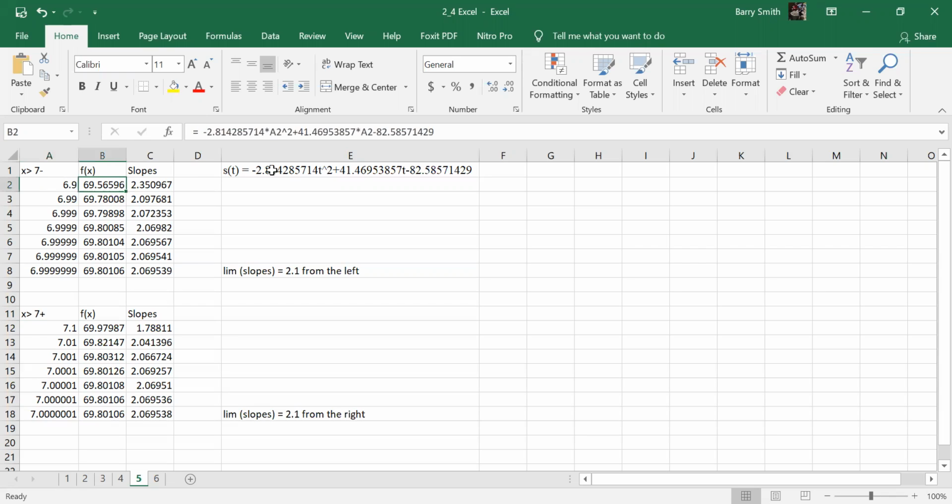Then we plug in this whole function, using A2 for this model, and with this one we'll use A3, which is the 6.99, and we'll get all of our f of x's. Then we take f of 7 minus f of x, divided by 7 minus the 6.9. We're taking our model, plugging in the 7, subtracting off our f of x, which we found already by plugging in the 6.9, and then taking 7 minus the 6.9, and then we get this value. And again, we're just going to copy down.